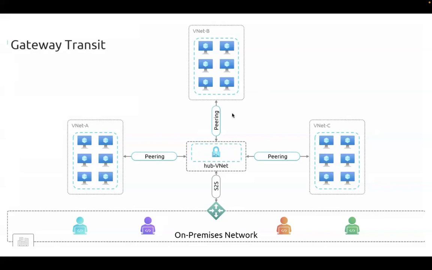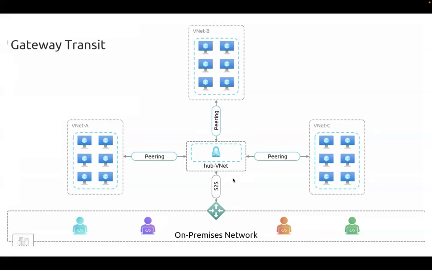Now suppose one of the resources in VNet B is trying to connect to the on-premise network. The request packet has come till the hub VNet, but how will it go to on-premise from here? At one point you have to configure site to site.